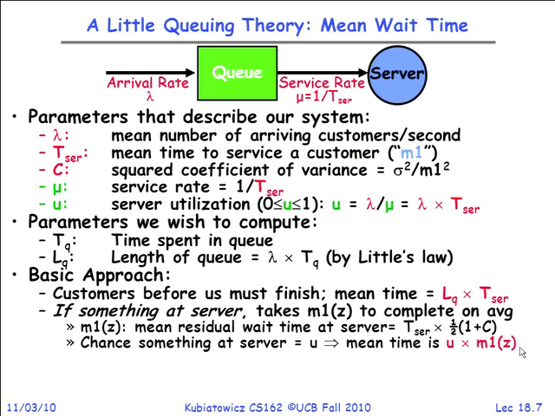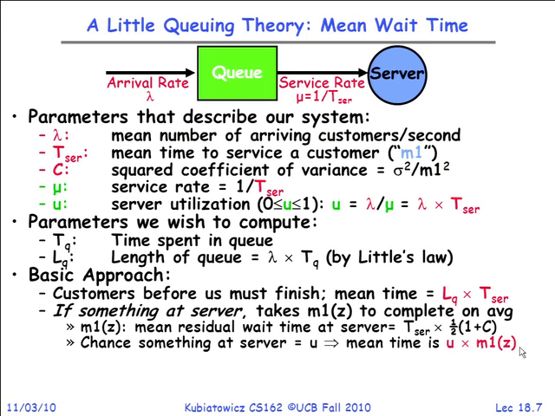It's because if they're not 100% utilized, then I come in, there's some chance they're not utilized at all, and so this M1Z is only about them being 100% utilized. So we scale it by how busy they are. Okay, so this is just M1Z assuming somebody was definitely there. We scale by U because there isn't always somebody there.